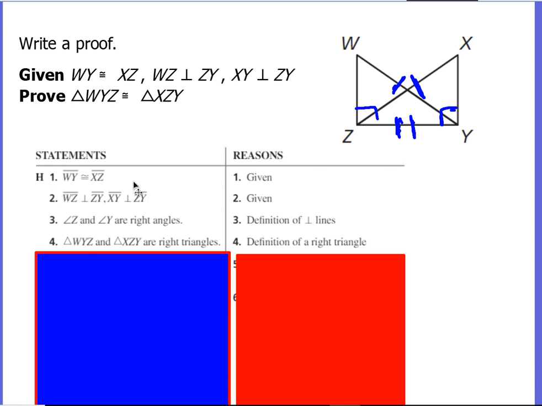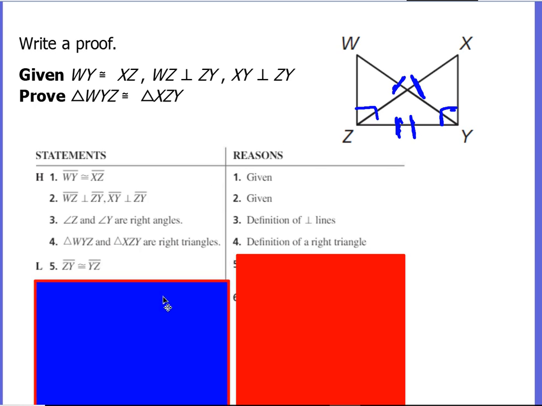So let's retrack. I have my hypotenuse. I know that my triangles are now right, so I'm allowed to use the hypotenuse leg theorem once I've proven that. And now we can say, what's the other thing we wanted? We wanted to prove that this leg, ZY, was congruent to itself by the reflexive property of congruence.